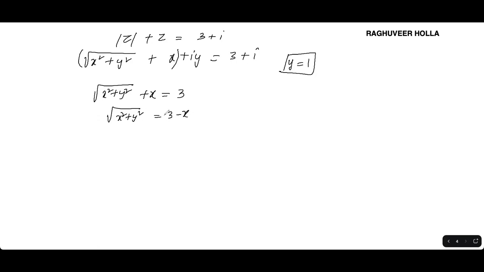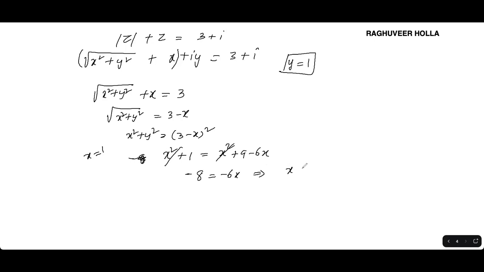Squaring both sides, we get x square plus y square equals (3 minus x) whole square. Substituting y is equal to 1, x square plus 1 is equal to x square plus 9 minus 6x. So these terms get cancelled. So you get minus 8 is equal to minus 6x, which gives x is 4 by 3.